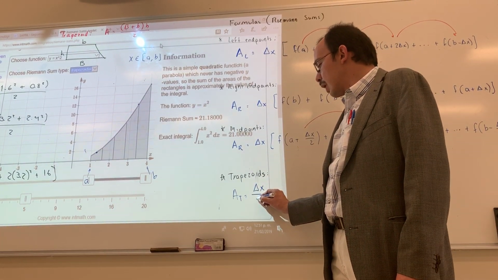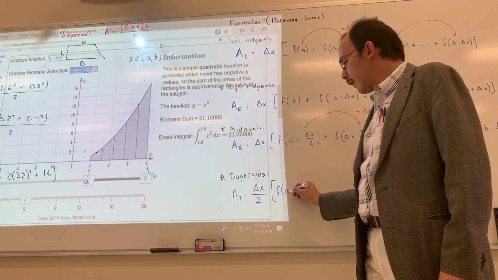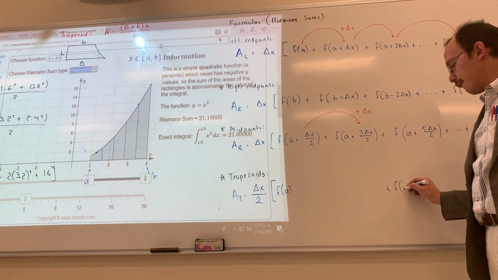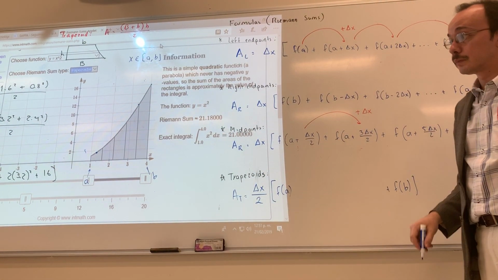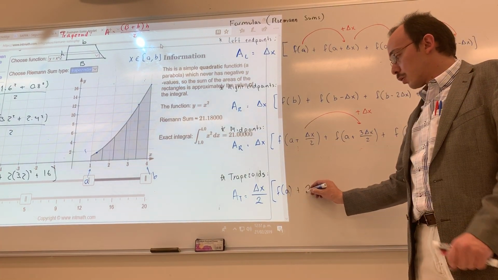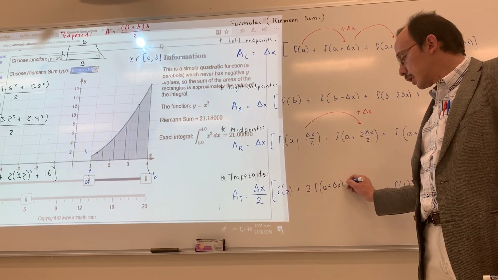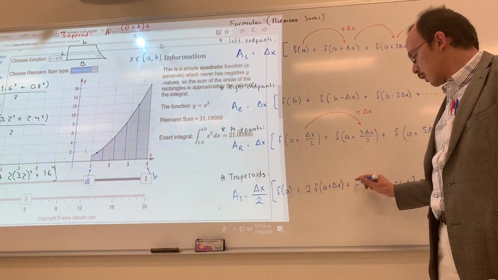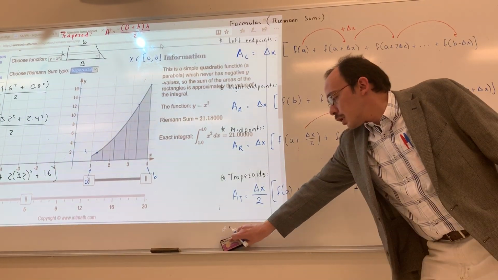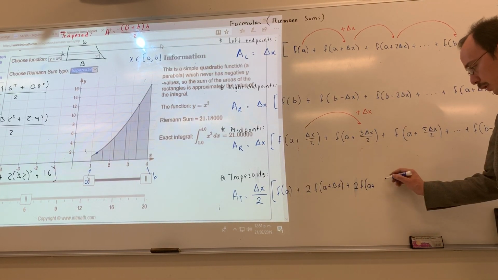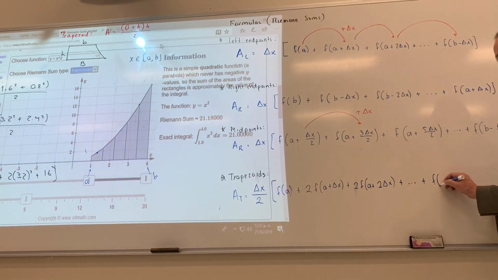Delta x over 2, factorized, times f of a, f of b, and what? 2 times f of a plus delta x, plus 2 times f of a plus 2 delta x, and so on until f of b.